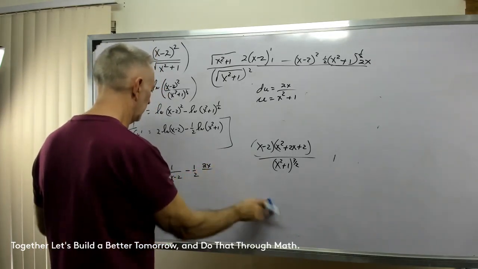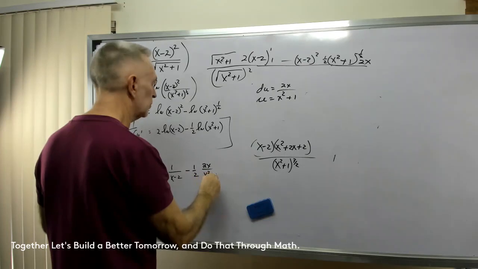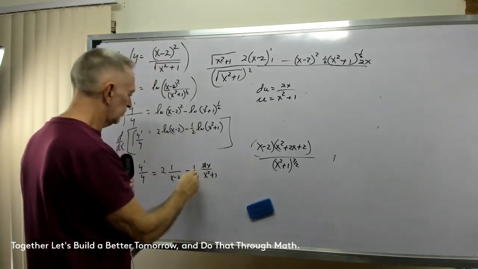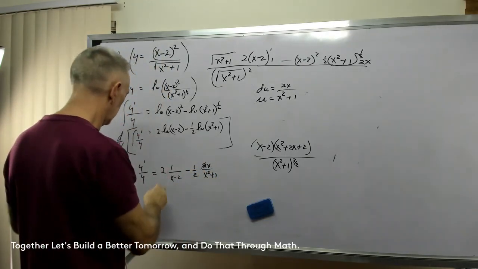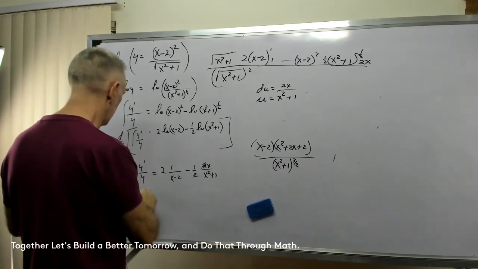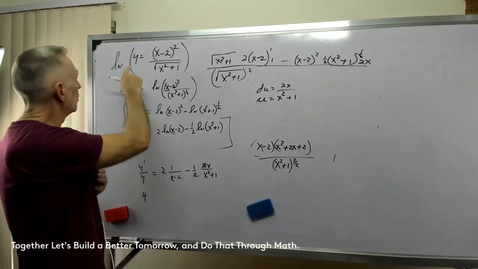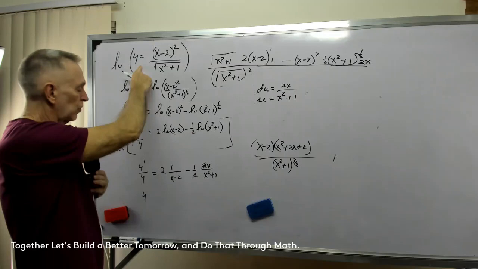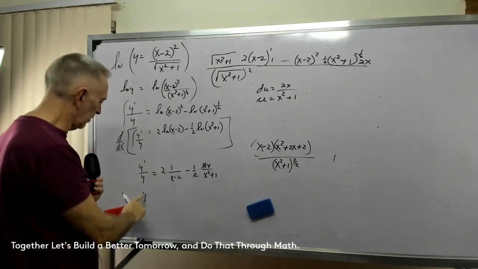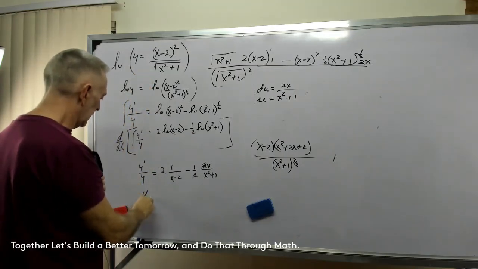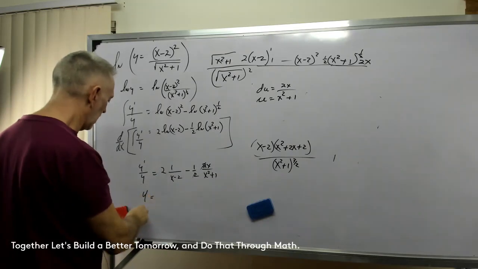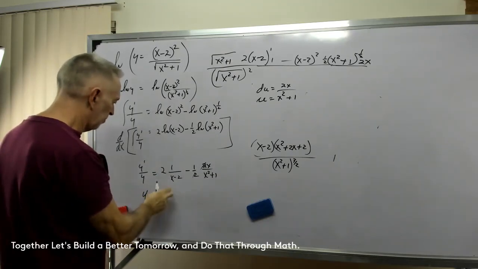So obviously these 2's cancel, and I'm left with y prime over y. Now, keep in mind we're trying to find the derivative of y. Y prime is what we're looking for. We have it right here, but I need to multiply by y to get it, times all of this.